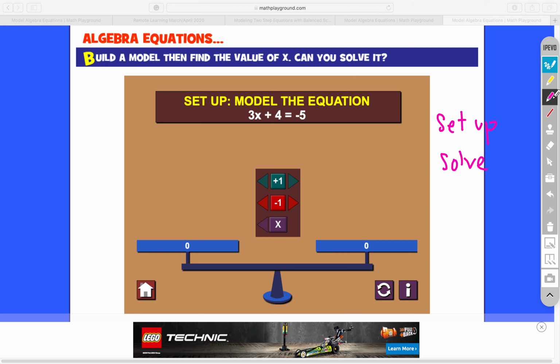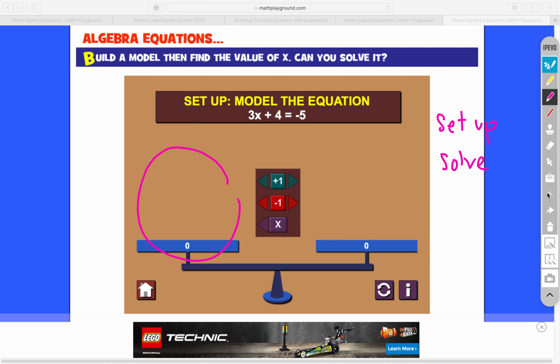So the scale, the left side here, represents the left side of the equation. And the right scale here represents the right side of the equation. And if we set this up, then the equation will be considered balanced.